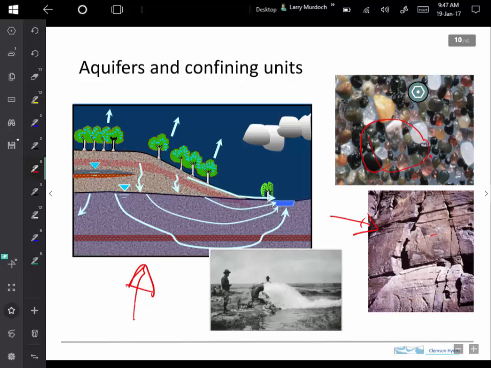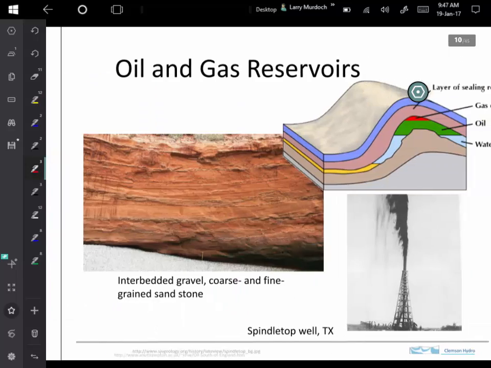Perhaps this material here is sandstone, and if we look closely, we might see something that looks like this, but we can also see that this has much larger pores through it, and we'd have to be able to consider those pores as well.